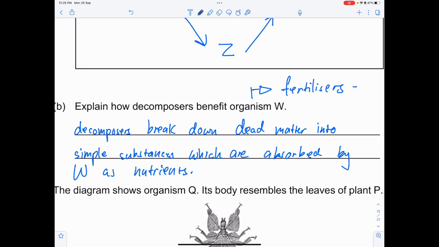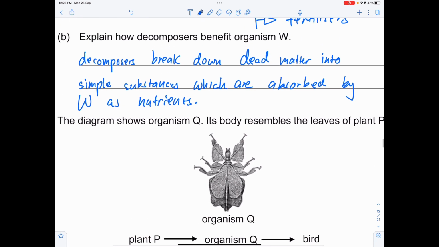Okay? So you need to know, decomposers and your digestive system, there is a similarity. The similarity between the both of them is that they both break down more complex substances into simpler substances.